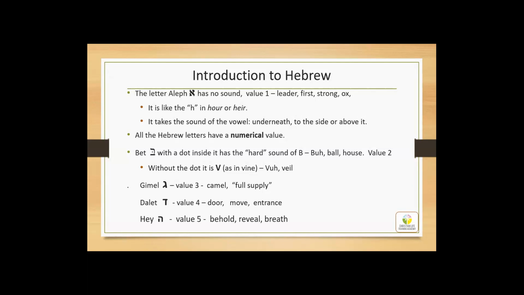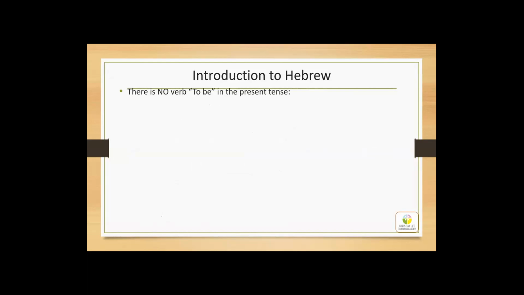Then we have Hey, which is that one there with a window. Its value is 5. And it is behold, reveal, breath. And the breath of God is very, very important. There is no verb, which is a doing word, verb to be, in the present tense in the Hebrew.